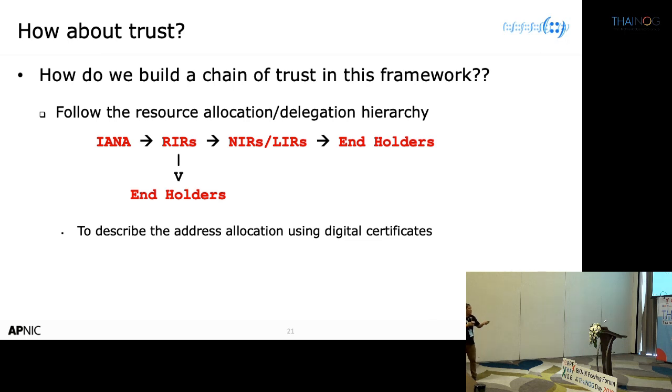To build that trust, we can actually replicate our delegation hierarchy. At the moment, theoretically, IANA gives the RIRs big chunks of address space along with AS space, and then the RIRs delegate this down to end ISPs, right? So we could use this same delegation hierarchy to build the chain of trust.